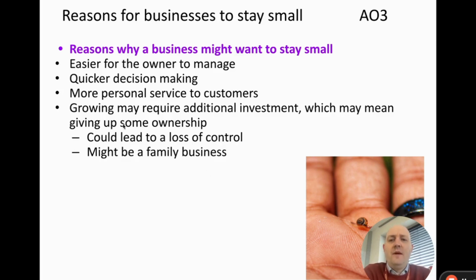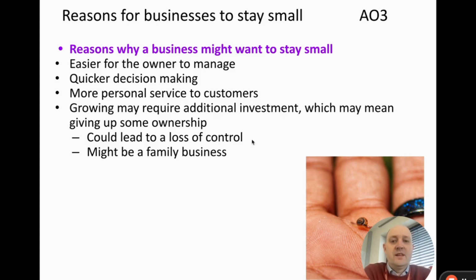And next, growing may require additional investment, which may mean giving up some control of ownership. So generally, if a business wants to grow quickly, they're going to have to take some sort of additional source of finance, which in many situations may be share capital. So getting an investment from outside the business, gain more money, which we then use to propel the business forward.